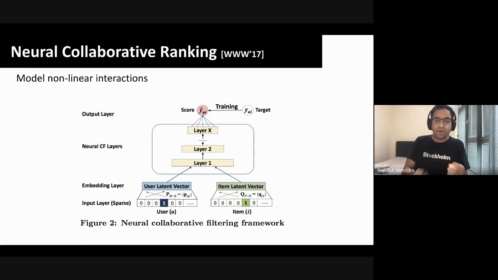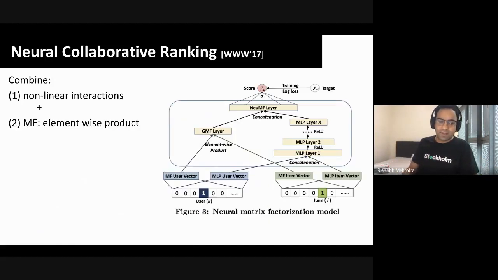This neural collaborative ranking is an approach which combines the benefits of the nonlinear functions from the deep learning community with matrix factorization style approaches. So it's doing a combination of nonlinear interactions and a matrix factorization style element-wise product. Then it's going to give you the benefit of doing collaborative filtering as well as nonlinear modeling using the deep learning networks.